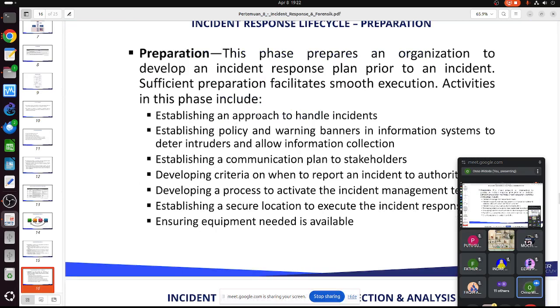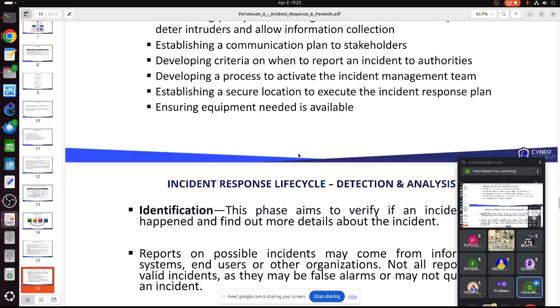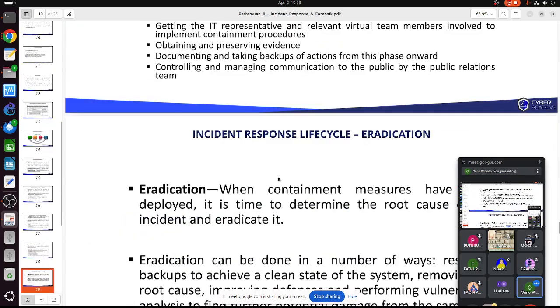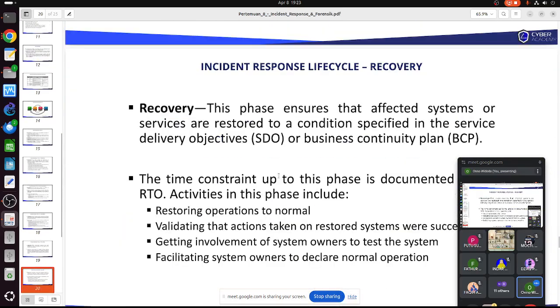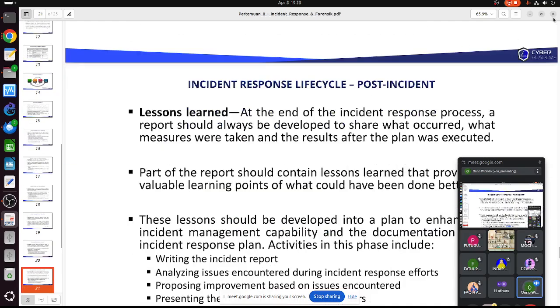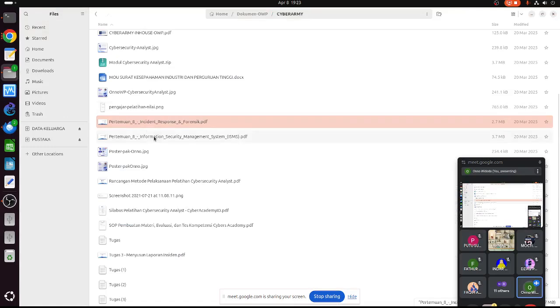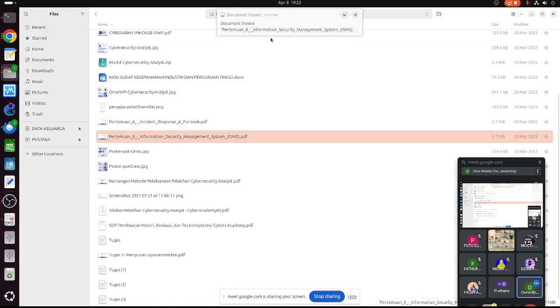This is basically the planning process, the policy, and so on, empowerment of the user, and so on. This has to be done, and this is what happens in the identification of the incident. Okay, let me skip this and move to the other one, the information security management.